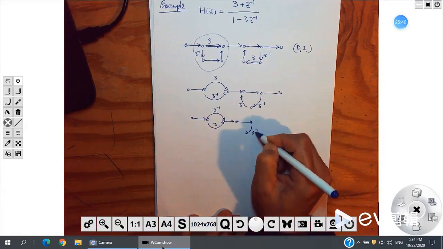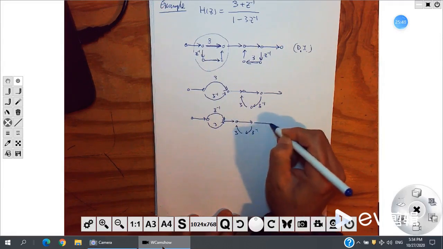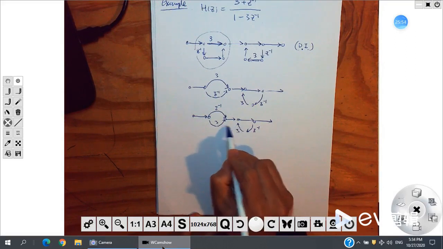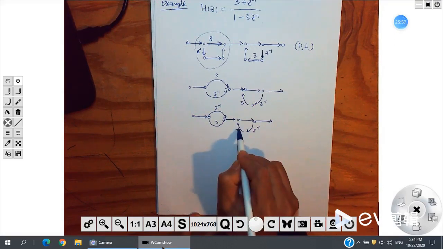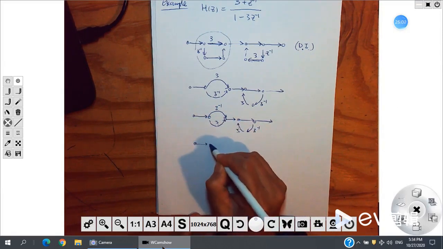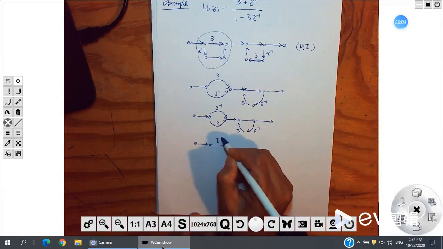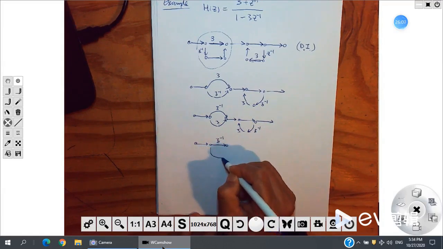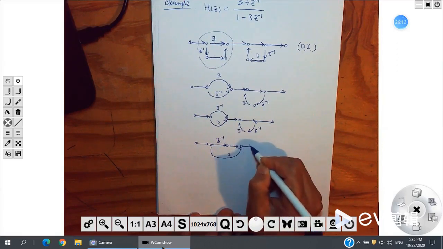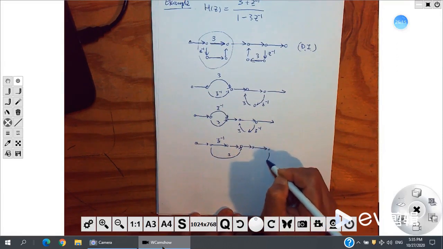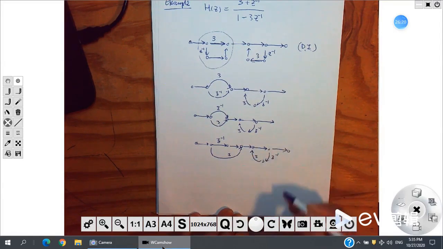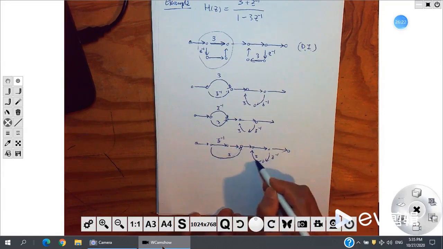Now I can put these 2 together. Can I? Yeah, I can put it together. You can think like this. This is a delay here, and this is a 3. Alright, these 2 I can put them together.